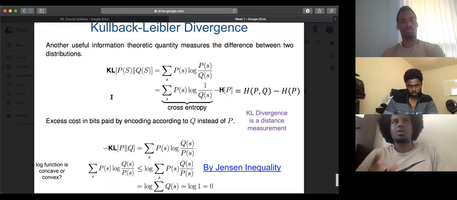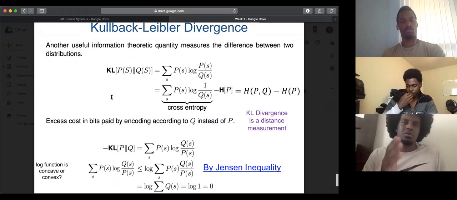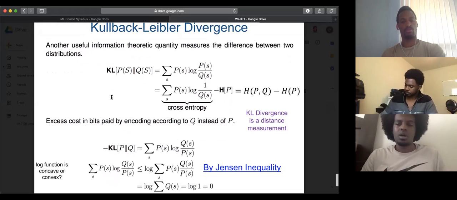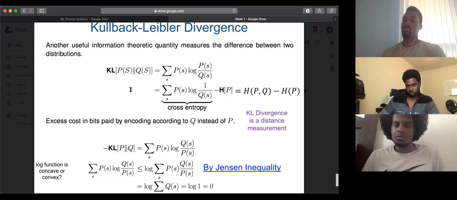I guess it's saying that it takes me 3 bits to represent p, and for q it takes 6 bits to represent q. And so now I'm calculating what the excess of that mapping is.